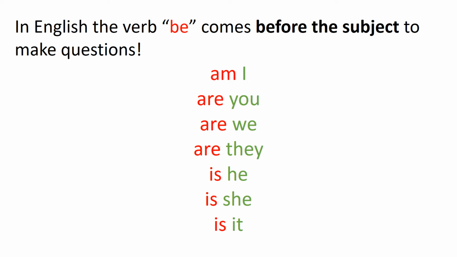This is the sequence of verb to be and subject, and that's the sequence for questions. For affirmatives you will say I am, but for questions am I. For an affirmative sentence you would say you are, but for a question you would say are you. So when we make questions, we have to place the verb to be before the subject.